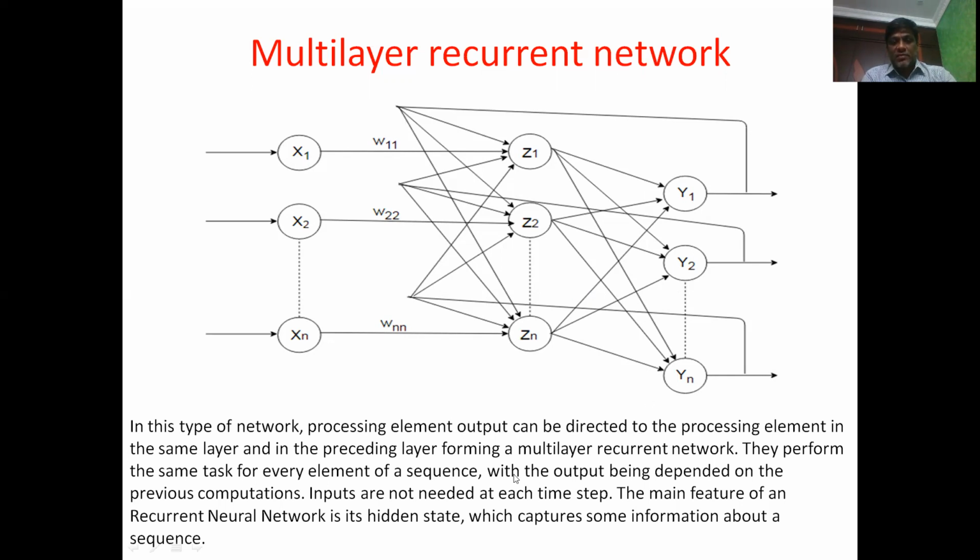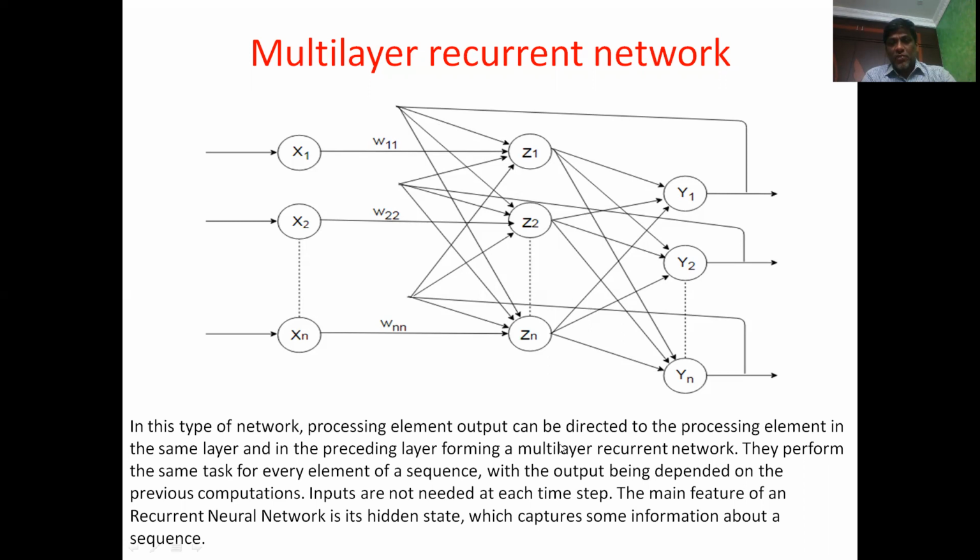They'll perform the same task for every element of a sequence, with the output being dependent on the previous computations and also current computations. That is the concept. So it will take the previous inputs as well as the processed inputs also. The present output is considered as the new input along with the previous inputs for the neurons.